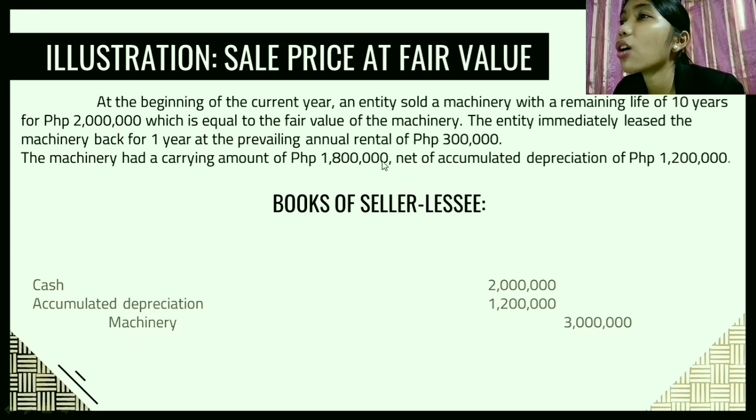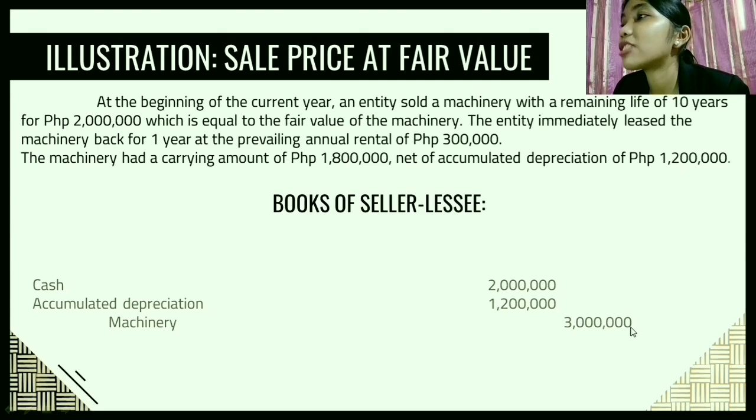Kasi po ang atin pong machinery has a cost of 3 million pesos. Paano po natin nakuha yung cost niya? Ito pong carrying amount natin na 1,800,000 pesos and ito pong ating accumulated depreciation na 1,200,000 pesos. Inadd lang po natin sila sa isa't isa to get the cost of the machinery.